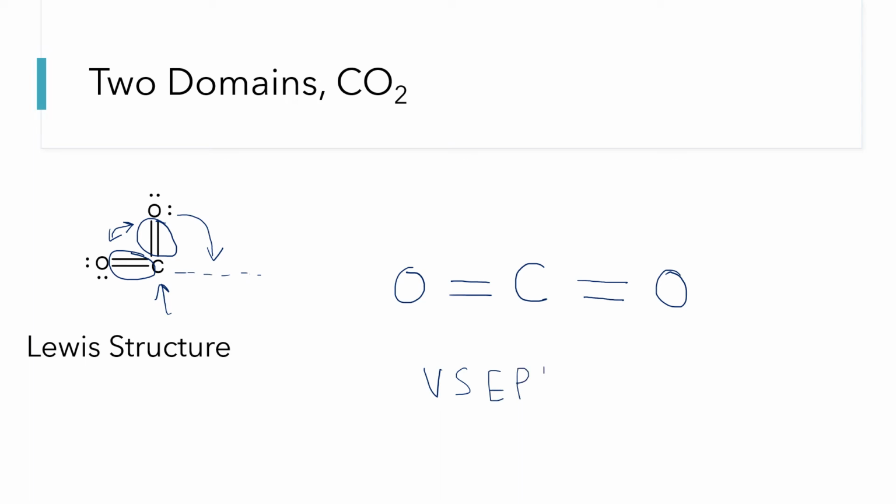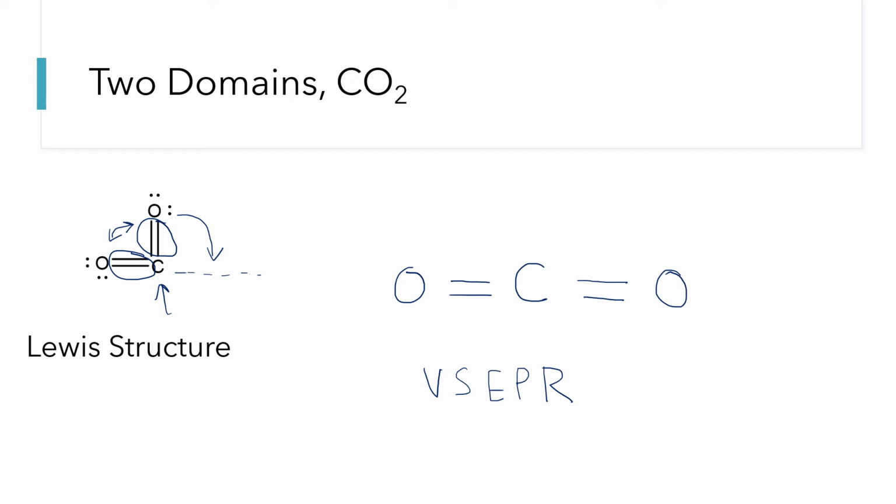Let's talk about some of the stuff that goes with this structure. First of all, when we draw VSEPR structures, very often lone pairs are omitted on the outside atoms, which are the oxygens in this case, but you always must draw the lone pairs on any central atoms. In this case, the carbon doesn't have any lone pairs, so there are none to show.